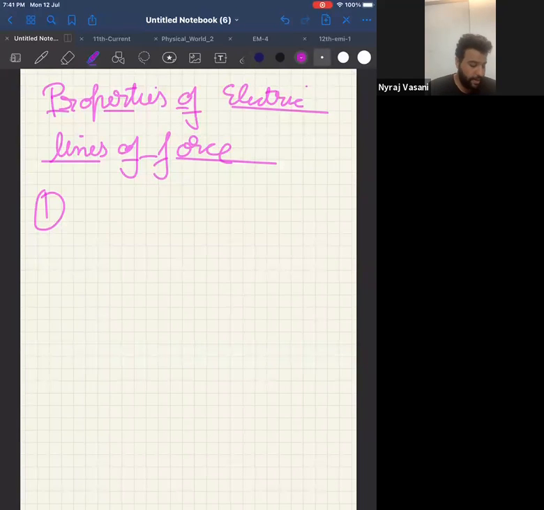So point number 1 to point number 7, I want you to write it. Quickly tell me if you have any doubt. Point number 1. In that, point number 2 is actually the definition of electric lines of force. Okay. All of these points were done in 11th, I hope, or if they're not done, you should write them right now. Next page, there are more points. But now write down from this page, point number 1 to 7.